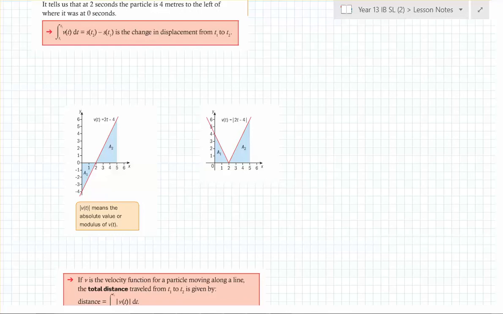Because it's going backwards. So we've got a negative velocity here. So it's underneath, and then at time 2 seconds, that's the point at which it turns and it's going back in the positive direction.